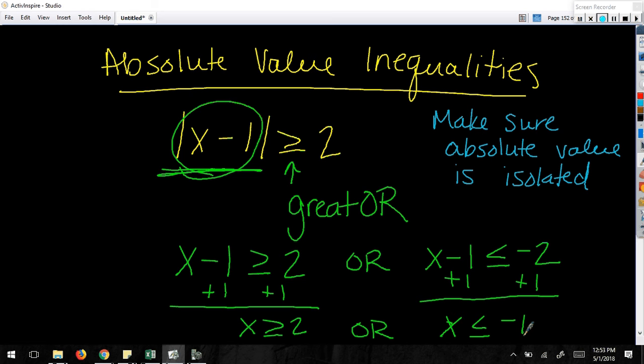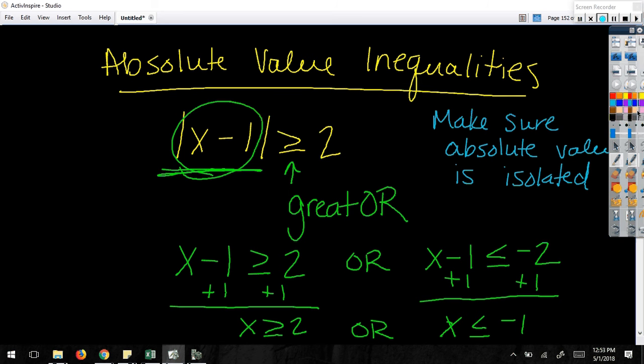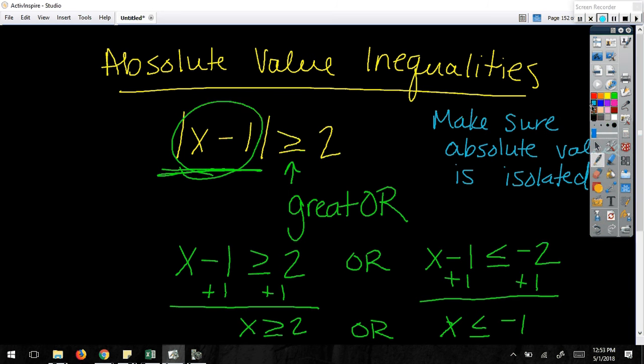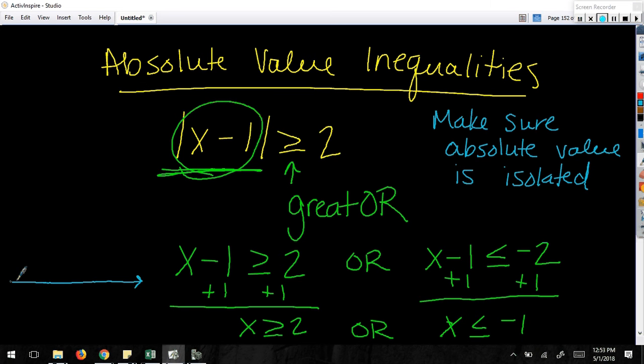If I were to do the graphic solution, then I would just take my number line, and I'm going to come over here to the side so that you can see. Here's my number line. Here's -1, so I have 0, 1, and here will be 2. If you recall, an absolute value inequality goes off in both directions.